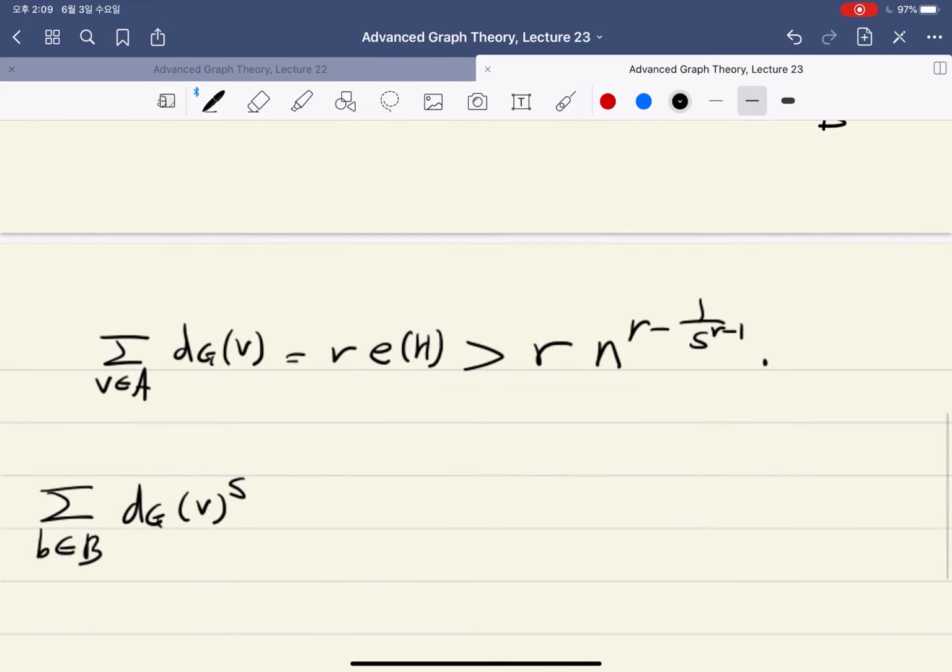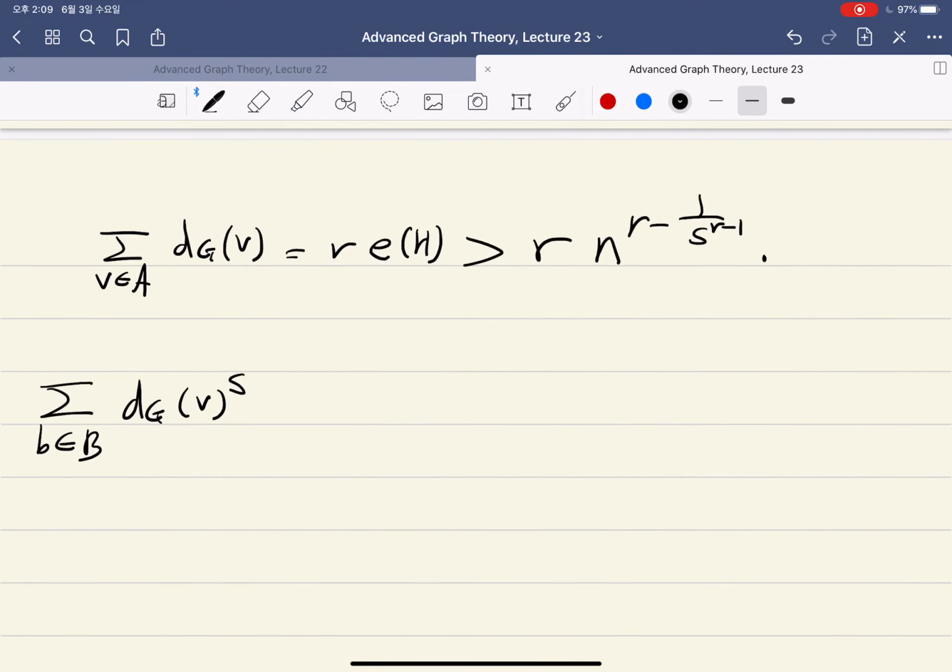For each b, we consider the degree of b, and we raise it to the power s.